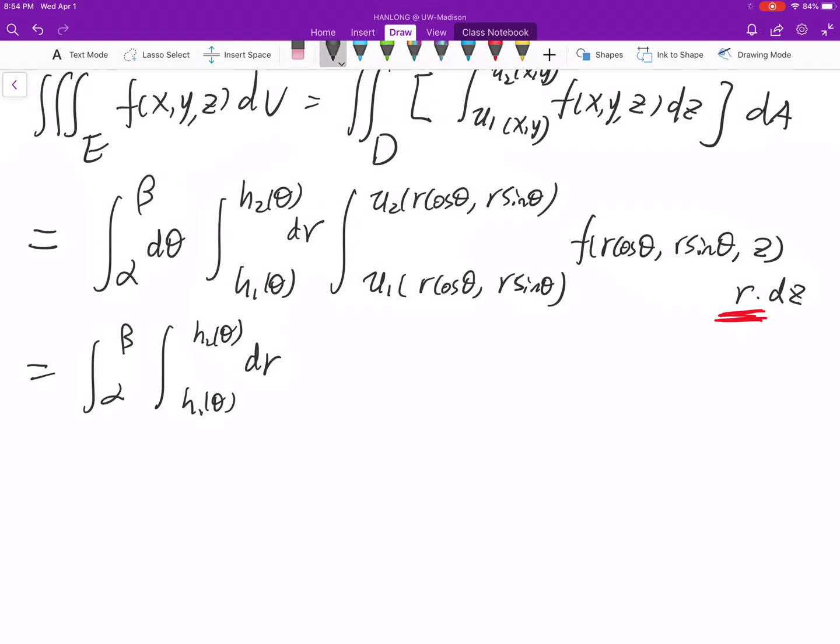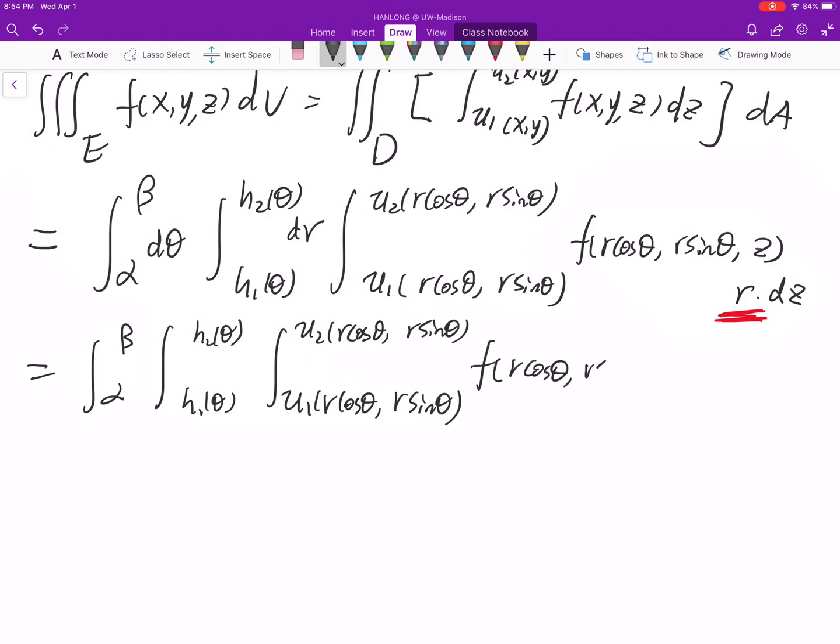This is very important. So in case you have problems remembering this, then I suggest you write it in this way: z, and then r dr d theta dz.